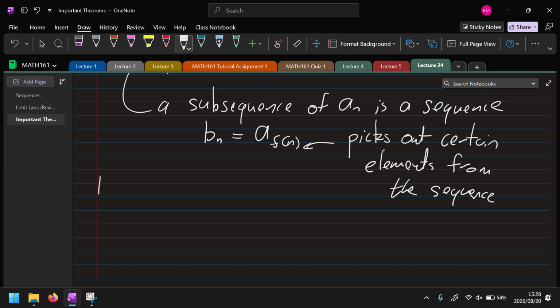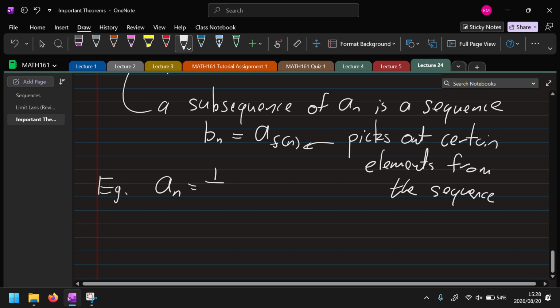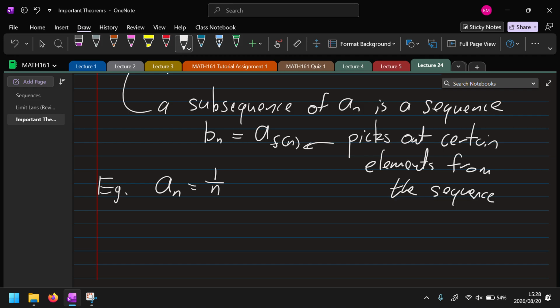So, example, let's say we have a sub n equals 1 over n. Now, I'm going to look at the subsequence of this given by b sub n equals a sub 2n. So here the function is 2n. So what does this do?